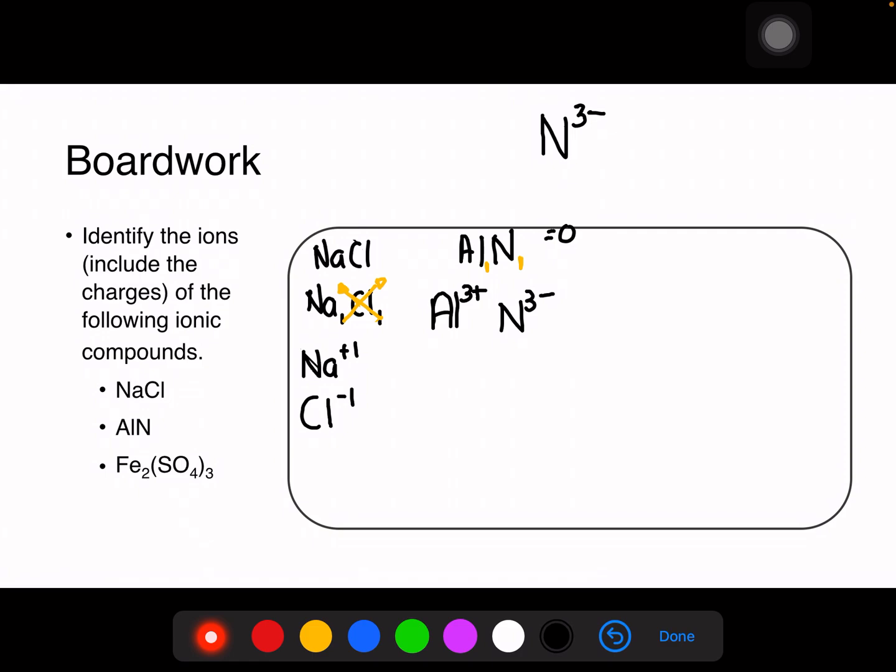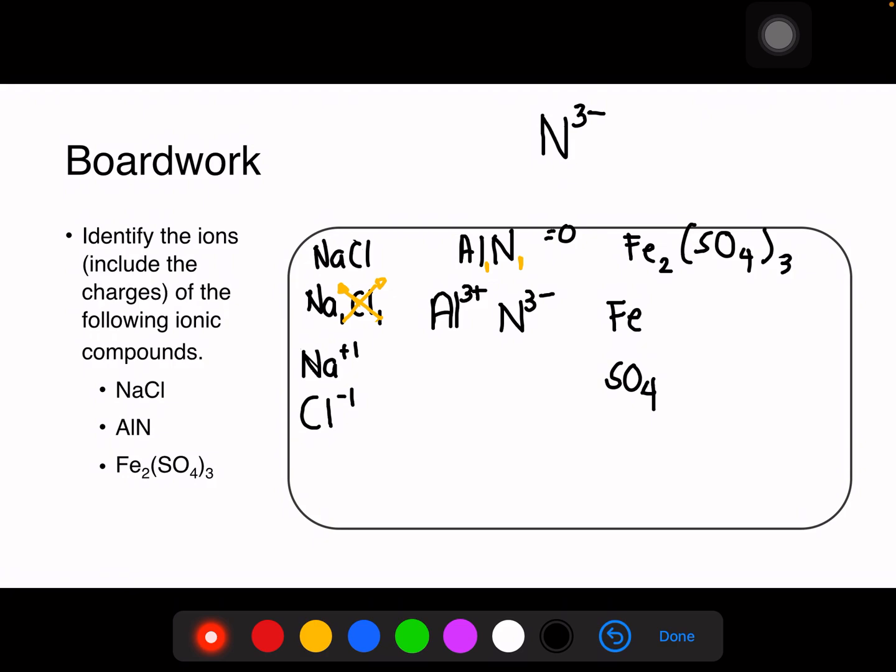Okay, next one is Fe2(SO4)3. So first let's identify which one is the cation. Obviously that is iron, a single element, a metal. That means the remaining elements will be our whole anion, SO4.